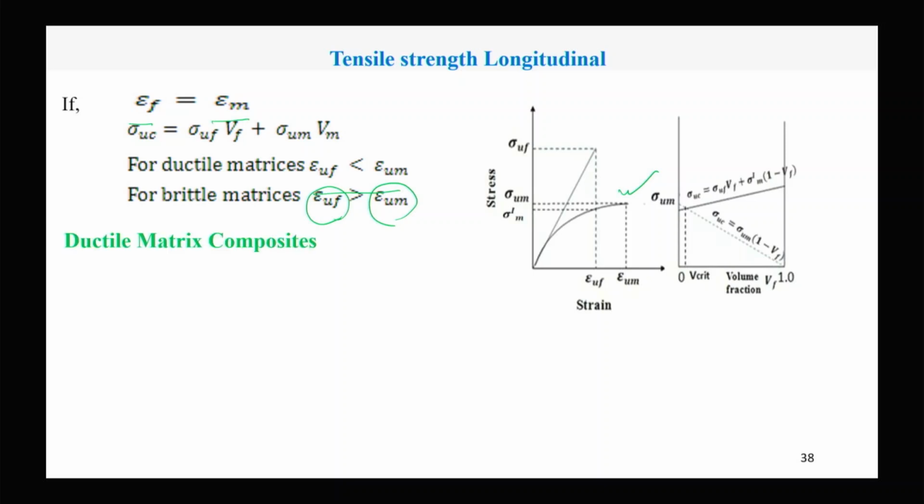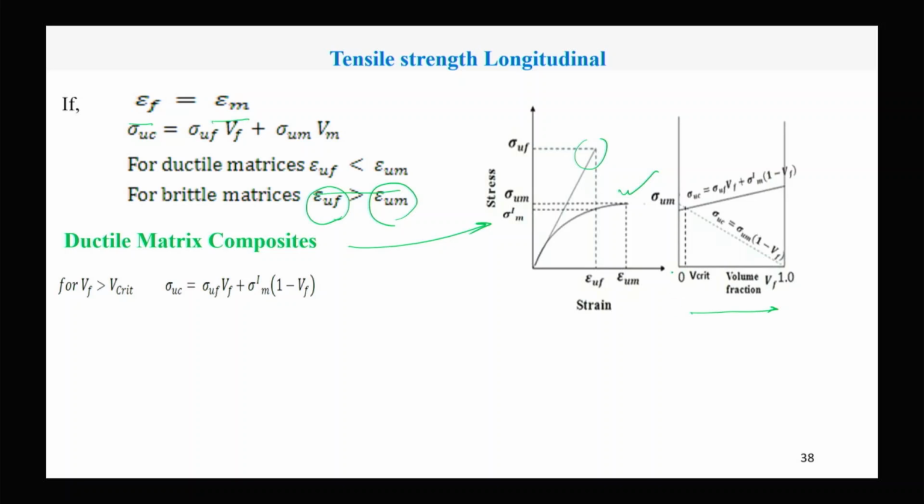So first let us see the ductile composite. This is for ductile composite, where strain of matrix is more than the ultimate strain of the fiber. And here if we derive at different volume fraction, we get these two relationships, and the point of intersection is the volume fraction which is called critical volume fraction.